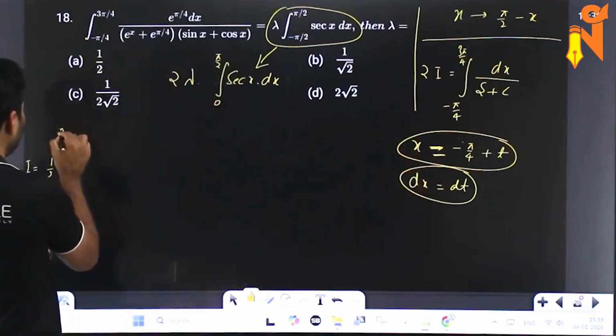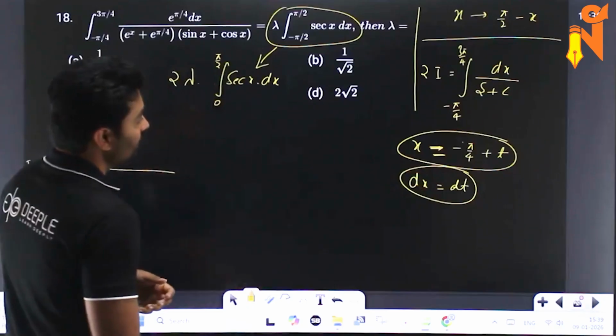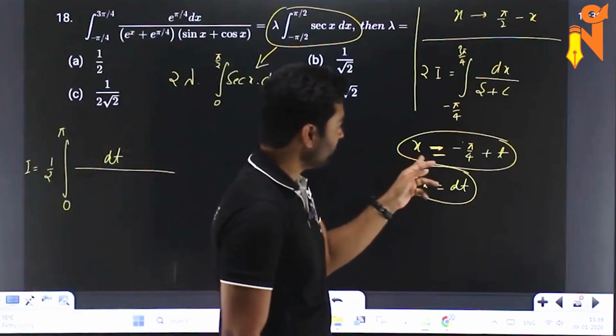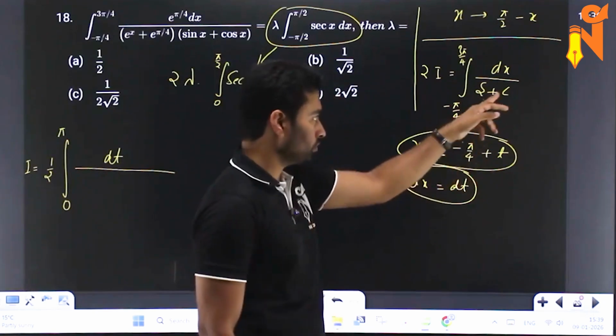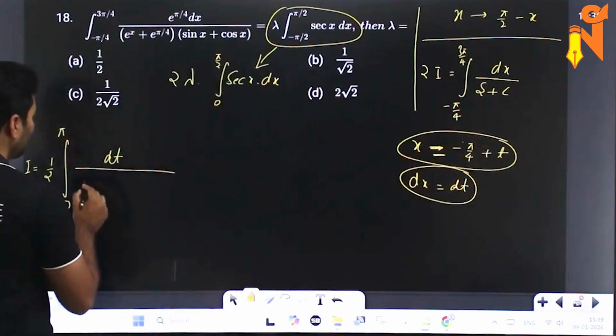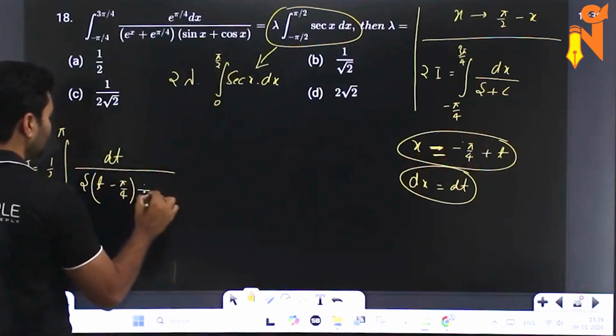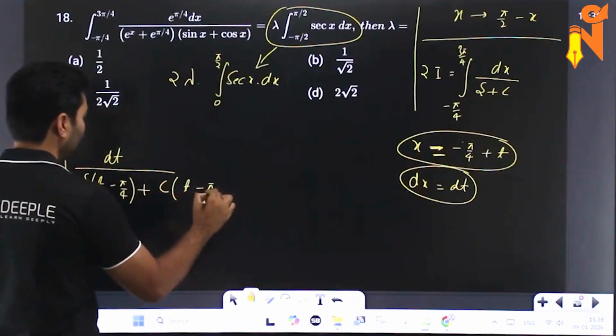And dx equal to dt upon sine of (t minus pi by 4) plus cos of (t minus pi by 4). If you open the expression, what will you get? Sine of (t minus pi by 4) plus cos of (t minus pi by 4).